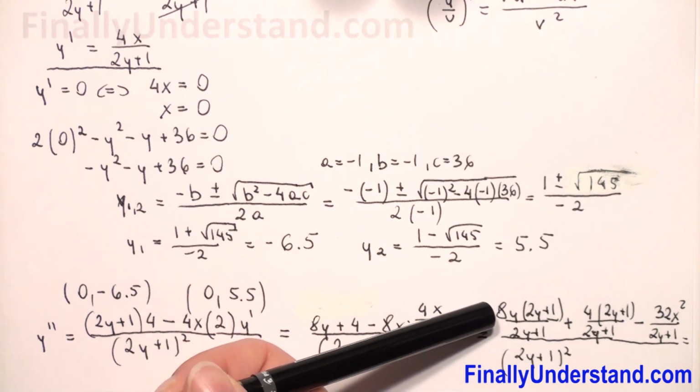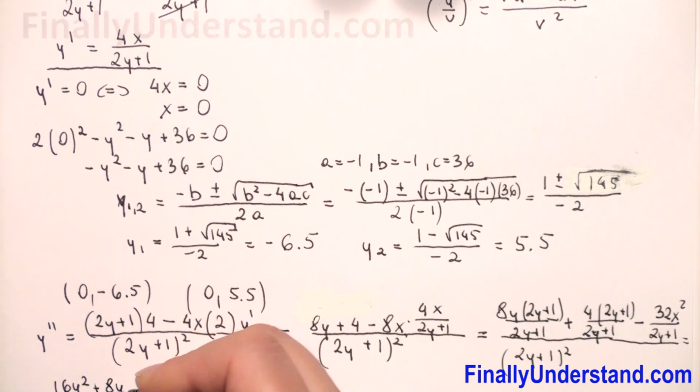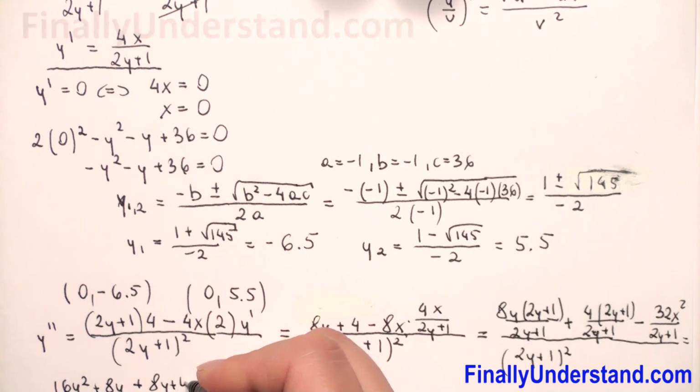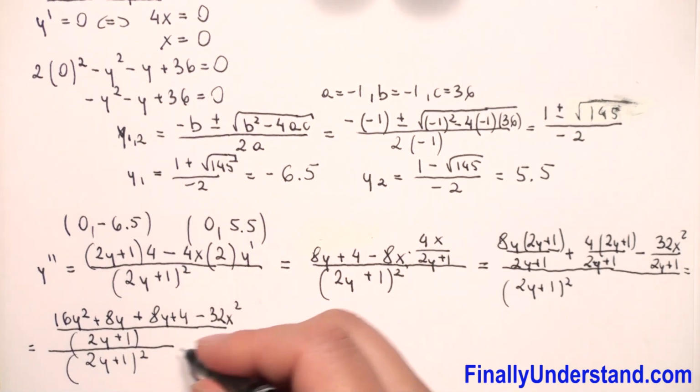We can multiply 8y times 2y plus 1, so it will be 16y squared plus 8y plus 4 times 2y is 8y plus 4 minus 32x squared over 2y plus 1. Everything is over 2y plus 1 to the second power. So this is equal.